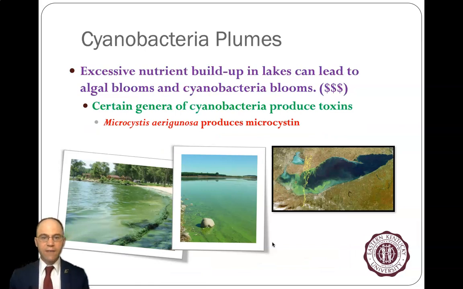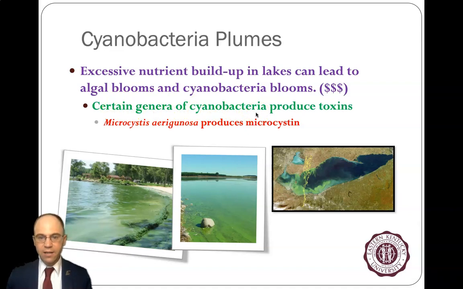Now, you can have excessive nutrient buildup in these lakes, and that can lead to harmful algal blooms. And not only do we have problems with harmful algal blooms from an economic standpoint, they can also cause health problems. So there are certain genera of cyanobacteria.